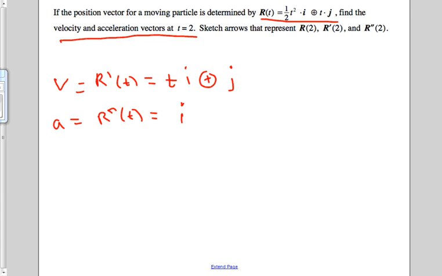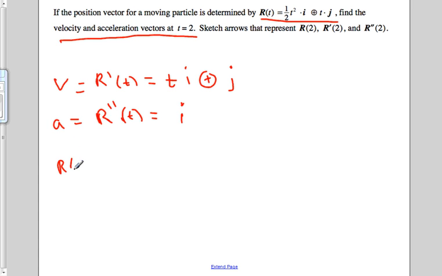So we have the velocity, which we got from taking the derivative of the position, and then we have the acceleration, which we got from taking the derivative of the velocity. And now we want to just find r of 2, r prime of 2, and r double prime of 2.